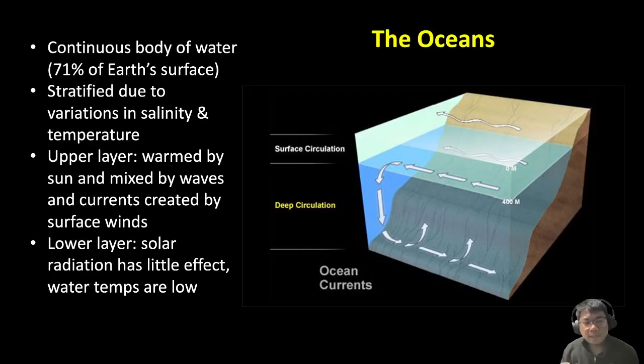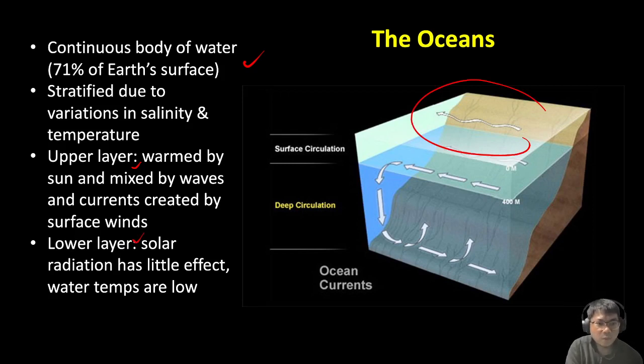There will be a module designated for the oceans later on, but here I would like to just briefly talk about it: the ocean is a continuous body of water. Again, it covers about 71% of the Earth's surface, and the ocean, believe it or not, is stratified, meaning that it has layers. It has an upper layer and a lower layer. The upper layer is mostly driven by the temperature, as well as the winds that cause the currents to form in the upper layer of the oceans. And how about the lower layer?